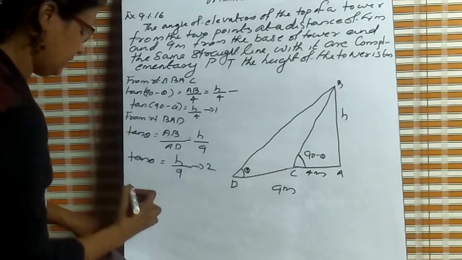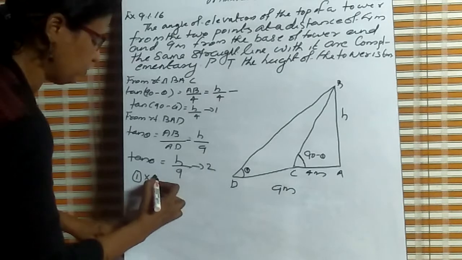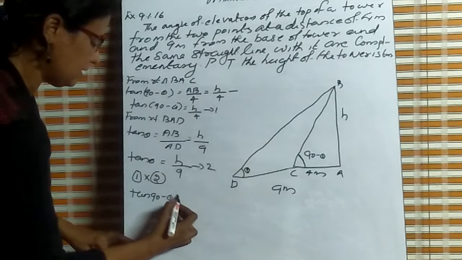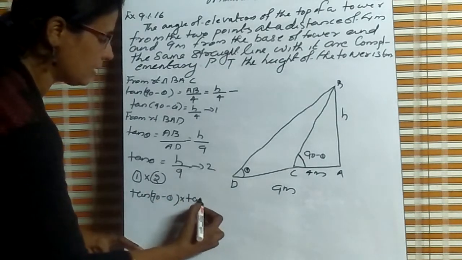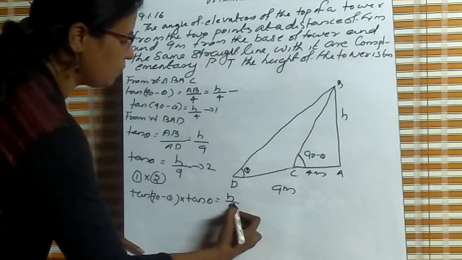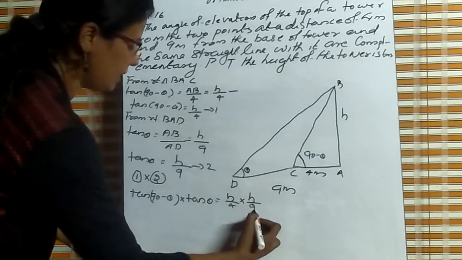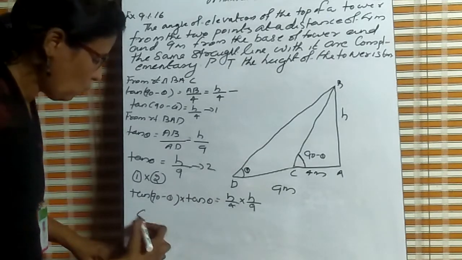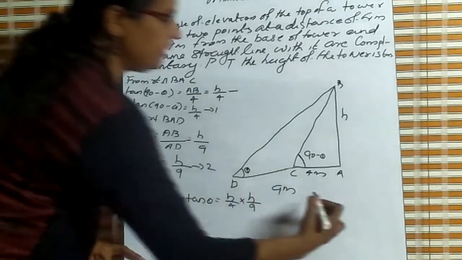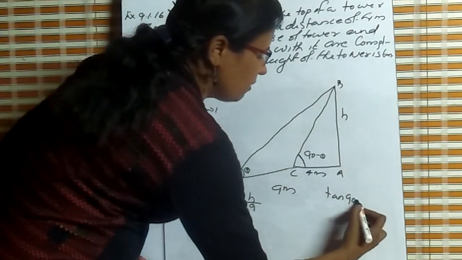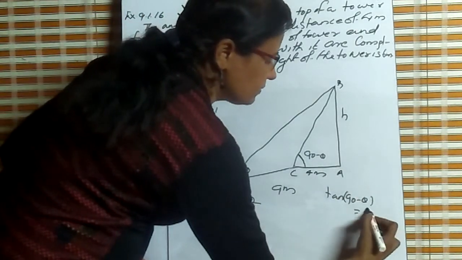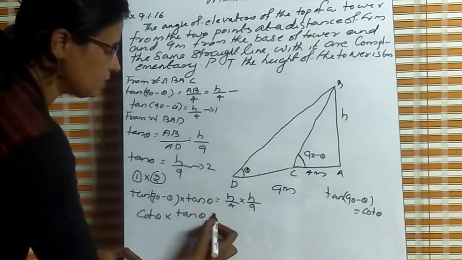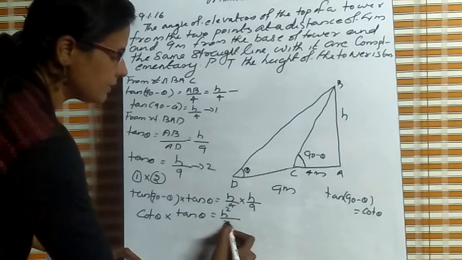Equation 1 into 2. Left side, tan 90 minus theta into tan theta, is equal to h by 4 into h by 9. Tan 90 minus theta is cot theta. Here cot theta into tan theta is equal to h square divided by 36.